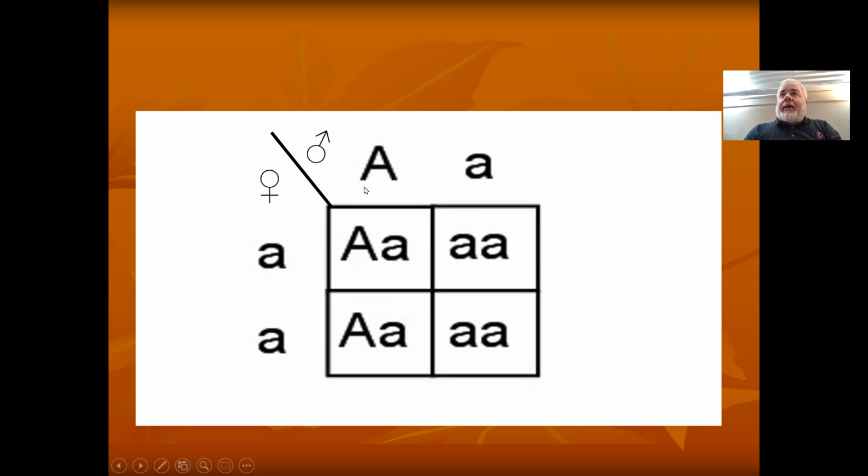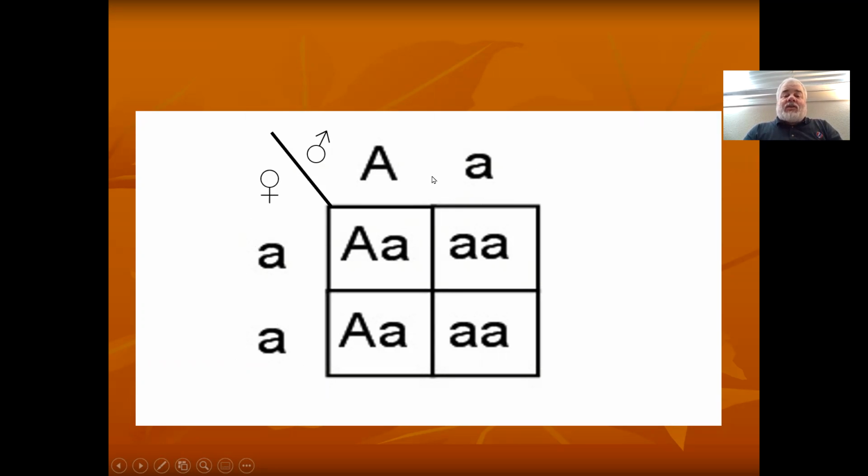So this could be, I don't know, anthracnose resistance, which is a bacterial disease. So this is the anthracnose resistance gene allele. This is anthracnose susceptible. So if I cross a male, give the pollen to a female that has no resistance to anthracnose, and the male has one copy, what's going to happen?